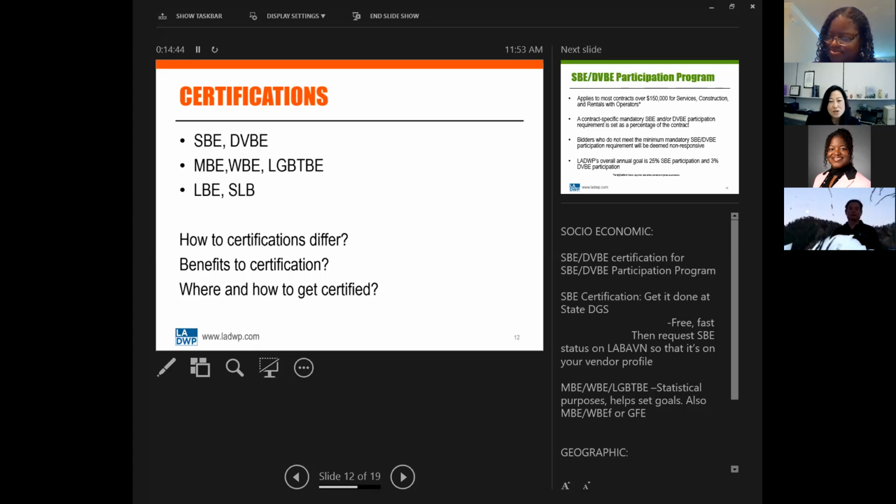Now, with LADWP, we recognize these certifications here, and I categorize them in three different ways. The SBE, DVBE certifications, which are the small business enterprise and the disabled veteran business enterprise. I lump those two together because at DWP, we actually set minimum mandatory requirements in our contracts for SBE and DVBE certified firms to participate in them.